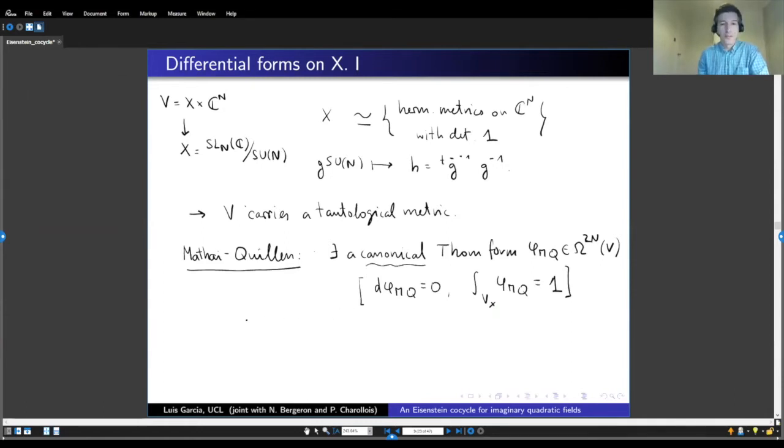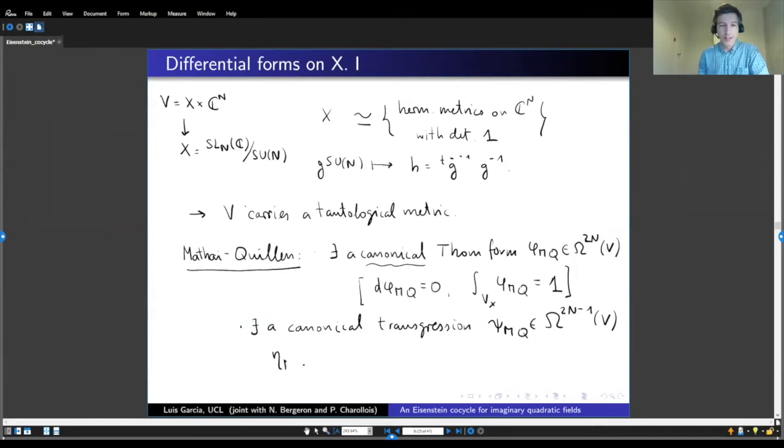And there is also a canonical transgression of this Thom form that is behind a lot of what Nicolas has been discussing in his lectures, that I will call psi, which has degree 2n minus 1.